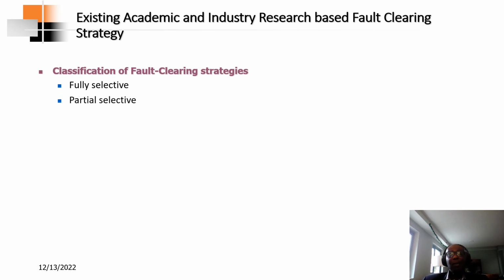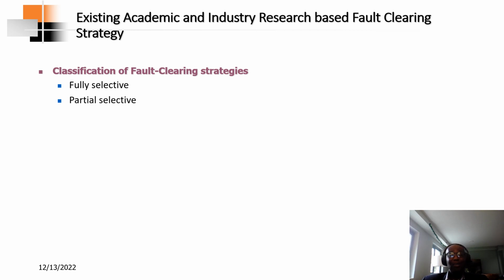Now, let's talk about the fault clearing strategies that are out there. This is all based on academia, and hopefully, I'll say that the only fault clearing strategy that exists in commercial operation is the non-selective clearing strategy utilizing AC circuit breakers.